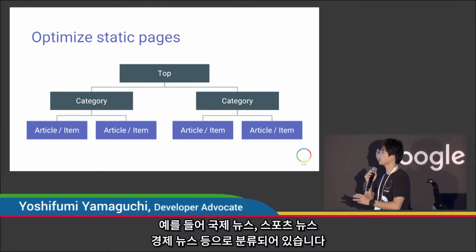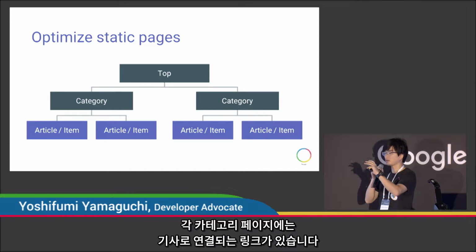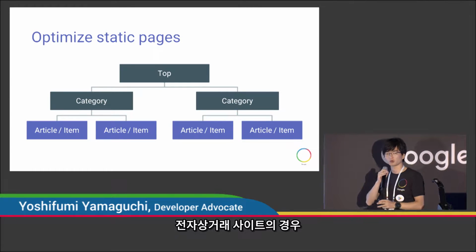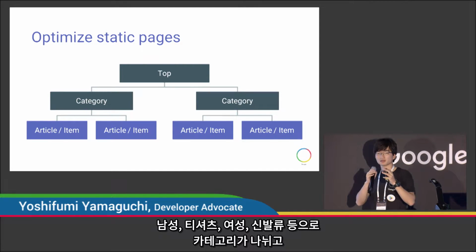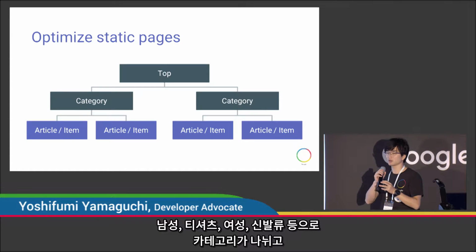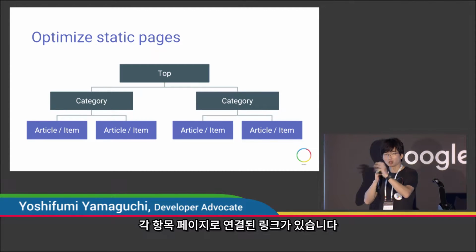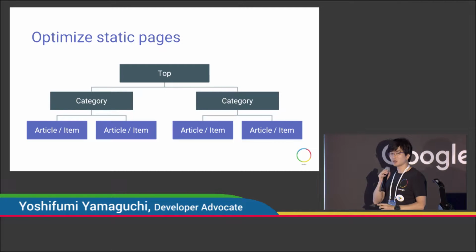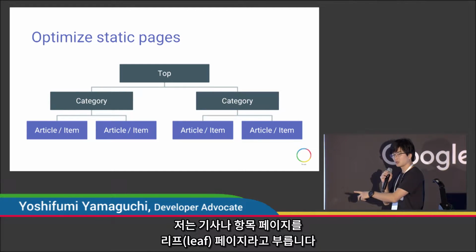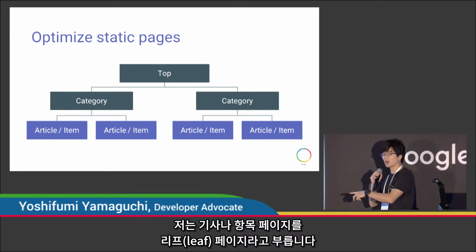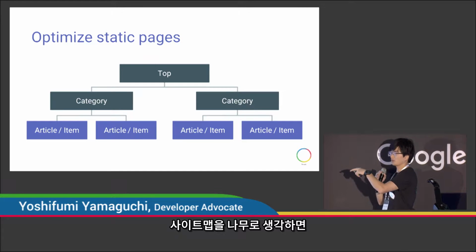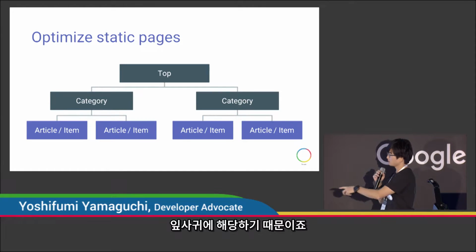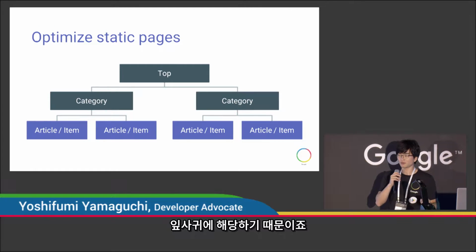And each category page has links to the article pages. In the case of an e-commerce site, each category page, like men's t-shirts or women's shoes, has links to the item pages. I call these article or item pages the leaf pages, because if you see this as a tree, these are the leaves of the tree.